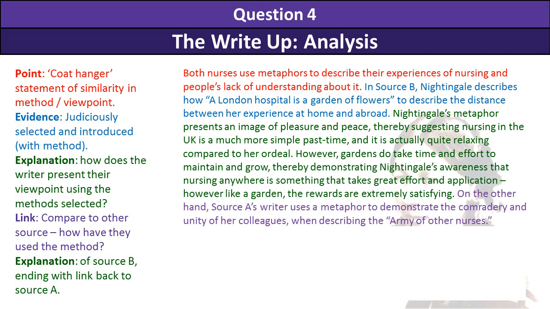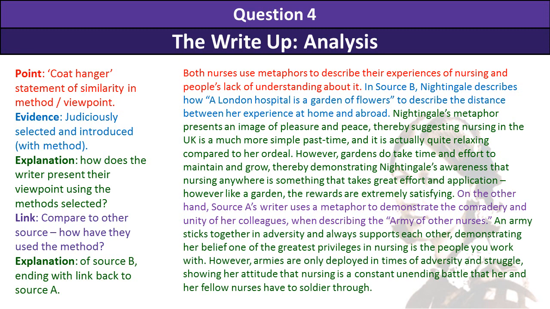I then link it to the other source, so I put the same technique, the different quote obviously, for the other source, and I establish why they use that metaphor there. And then I'll do exactly the same thing for the other source, explaining what that metaphor does for that person's attitude, in what way is being a nurse like being in the army, and again I give a couple of different interpretations, a couple of different ideas.